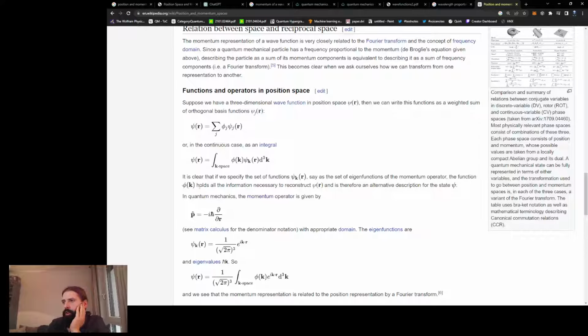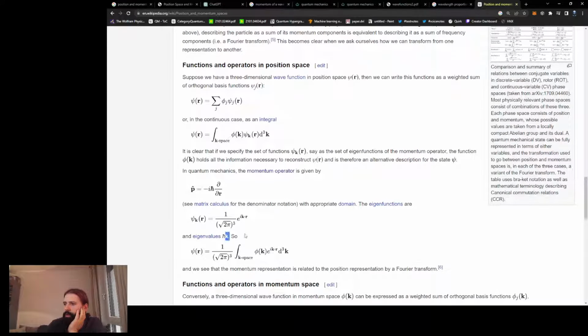This function holds all the information necessary to reconstruct that and is therefore an alternative description of the state. So in quantum mechanics, the momentum operator is given by these. The eigenfunctions of this momentum operator are these ones. And these are the eigenvalues. That's something else to look at.